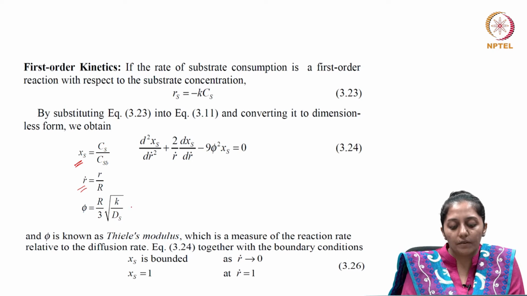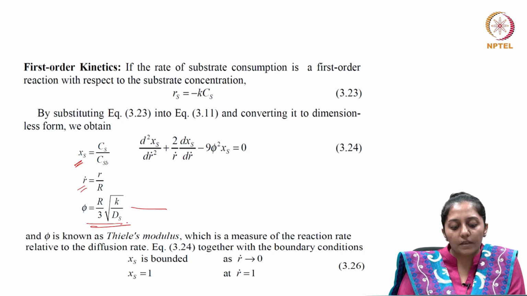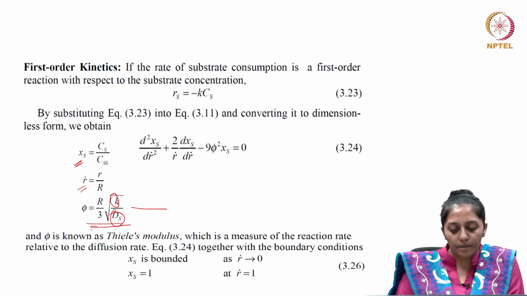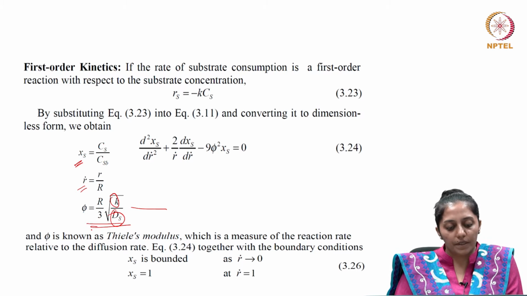If you can see in this equation, which I am underlining, it is a measure of the reaction rate to the diffusion rate. So with changing values of phi, phi being low or high, we can determine whether the reaction rate is high or the diffusion rate is high.